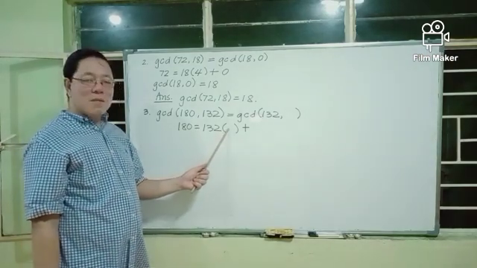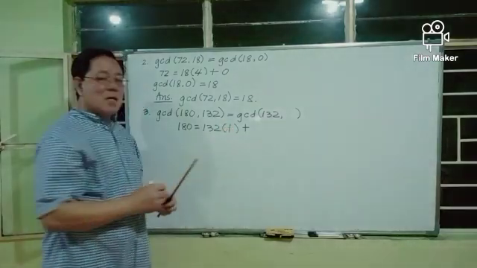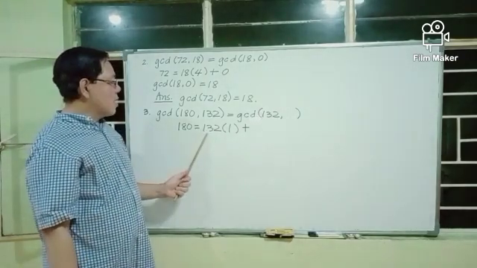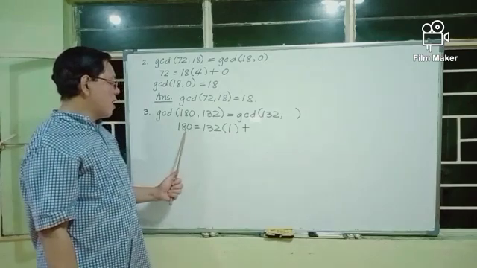So we take 1 as the positive integer Q and multiply that by 132. The product 132 is less than 180.